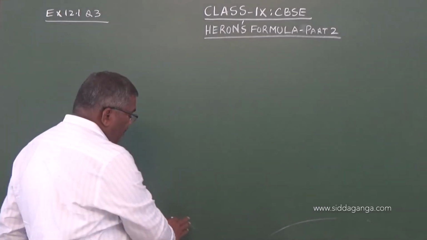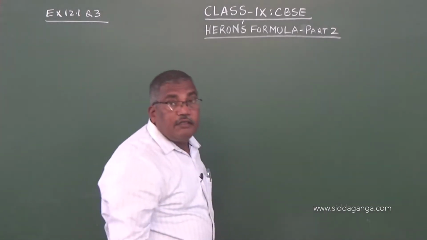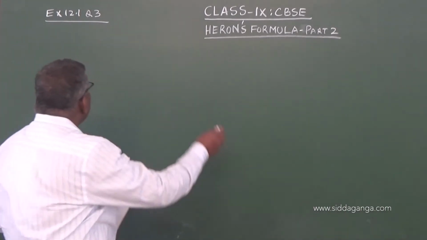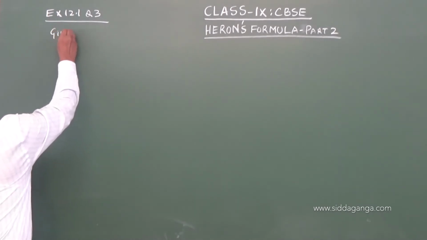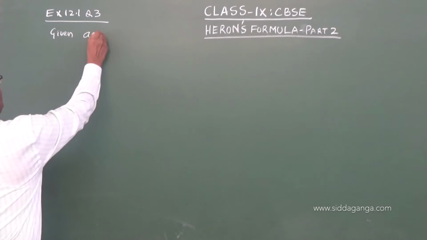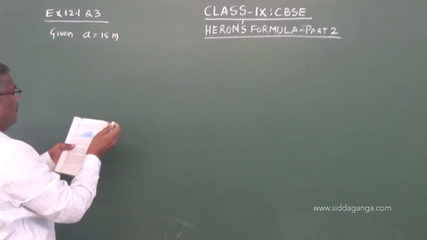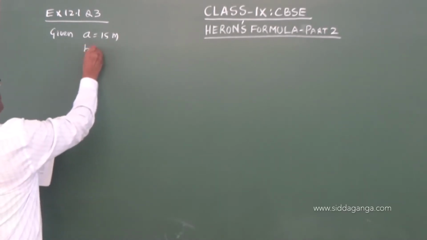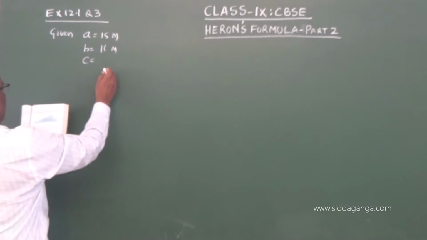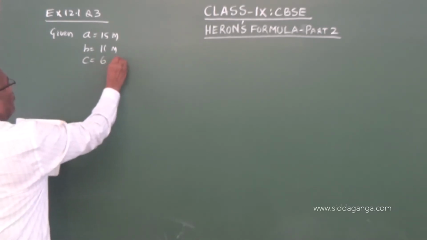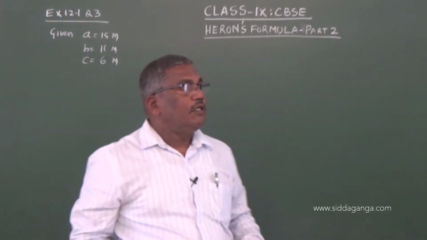So it is a triangular area as given, 3 sides are given. So given, A equals 15 meter, B equals 11 meter and C equals 6 meter. So we have to find the area.